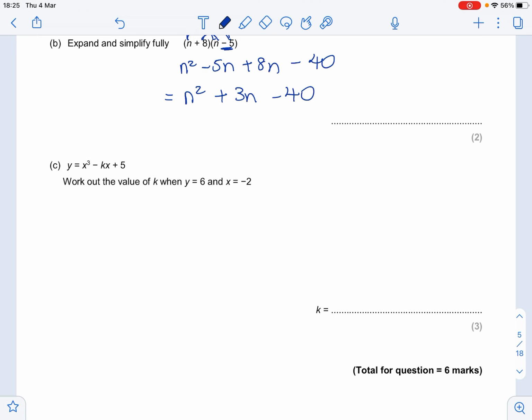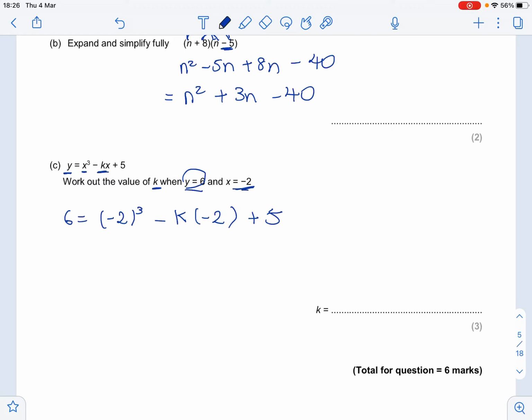Next problem. Again, this is another substitution question. Work out the value of k when y equals 6 and x equals minus 2. So y is 6, so we're going to write 6 equals x, which is minus 2, cubed, minus kx. So k multiplied by x, which is minus 2, plus 5.